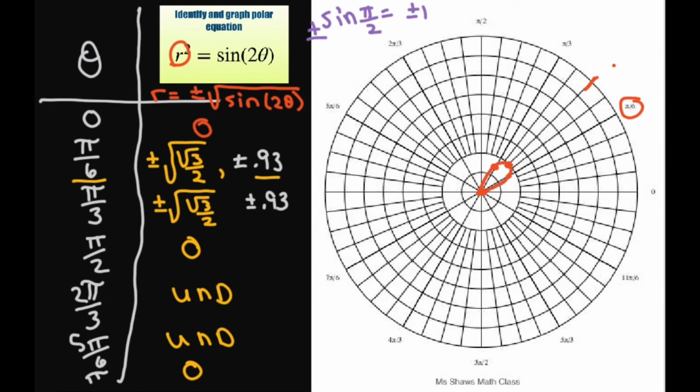Now, since it's symmetric to the pole, we can also come out and look at quadrant 3. At quadrant 3, this is 5 pi divided by 4, we're going out 1, even though I'm really going out 2. I just want it to be bigger. And then get really close here with your 7 pi divided by 6 and 4 pi divided by 3. So it's going to swing out here.